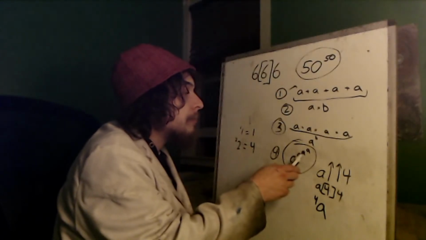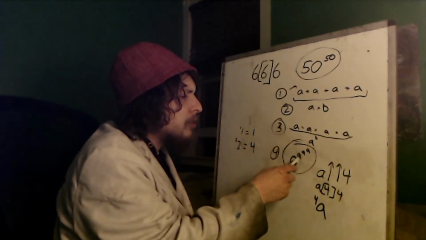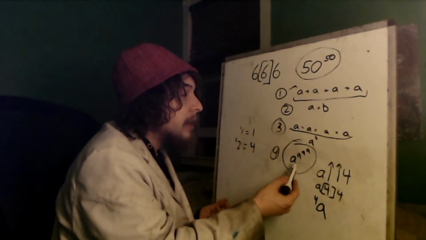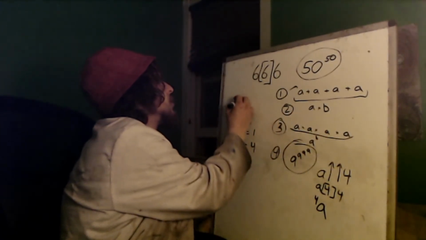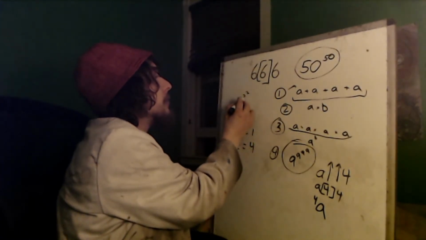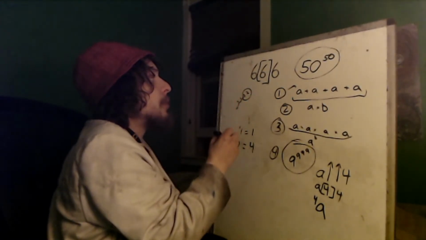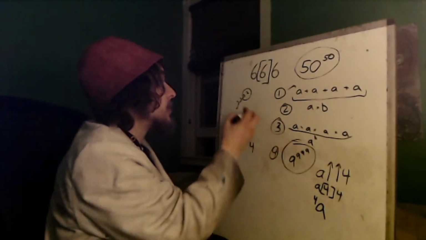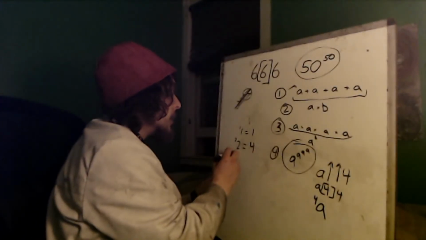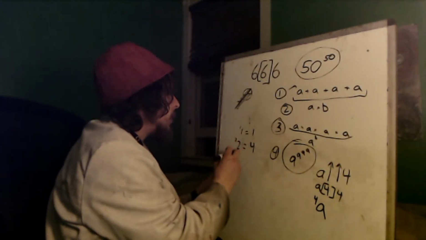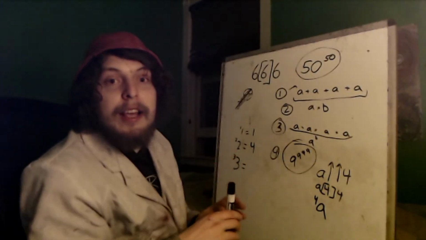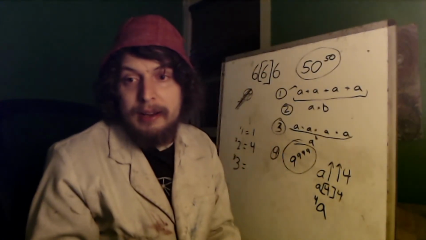Tetrated to 3, we have to read this from the top downward, which means if I was going 2 to the 2 to the 2 to the 2, which is 2 tetrated to 4, then I have to do this part before I do that part. And it actually will make a difference in most cases. And here, 3 tetrated to 3 all of a sudden is really big.